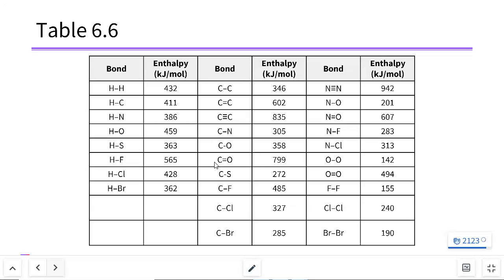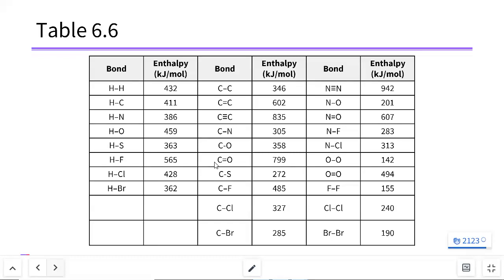And so if I needed to calculate a delta H, I could draw all of the molecules, figure out what breaks and what is reformed, and do it the way that we did at the end of module 6.